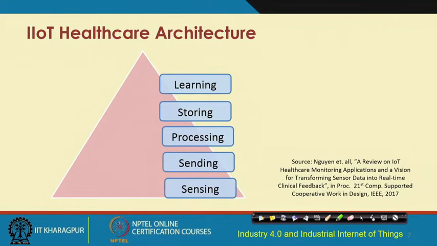So, if we are talking about IIoT healthcare solutions, let us look at this particular architectural viewpoint. This has been taken from this particular source that is given at the bottom of the slide. Basically, whenever we are talking about IIoT healthcare, these are broadly the different layers in the architecture.